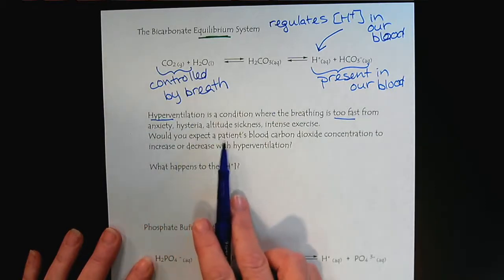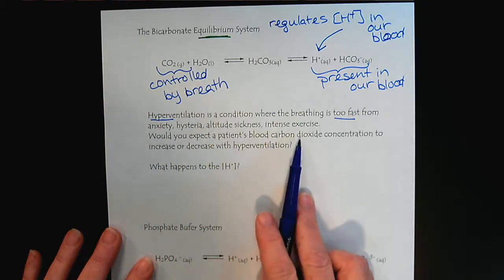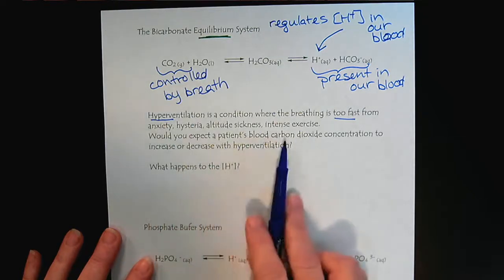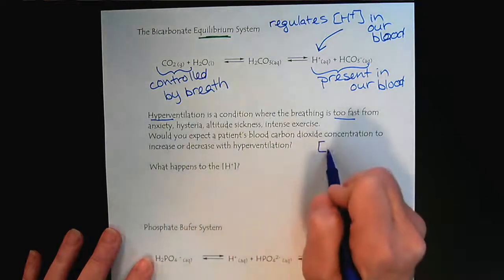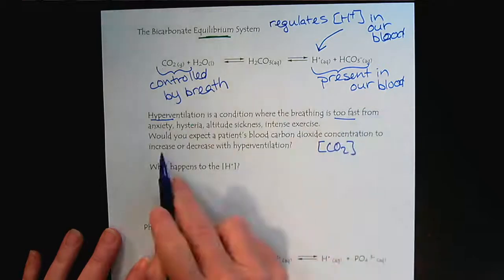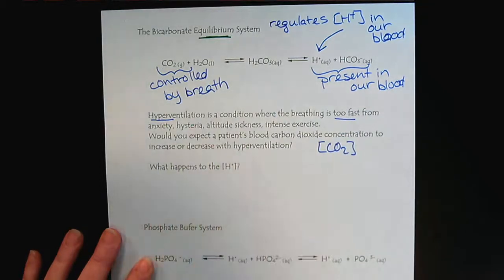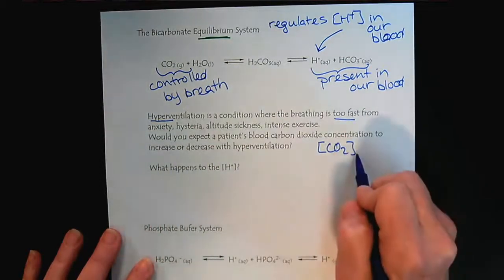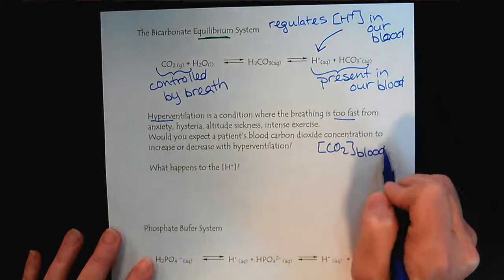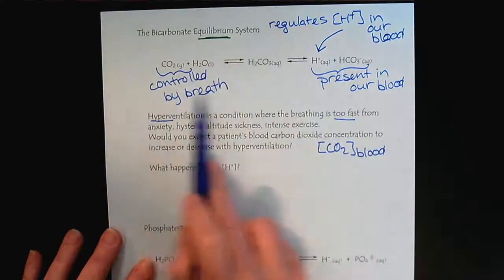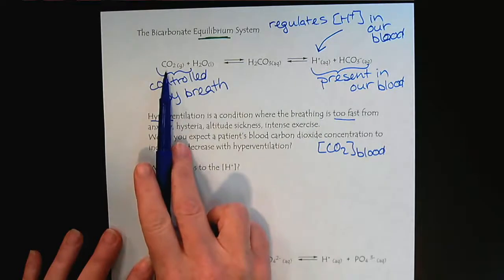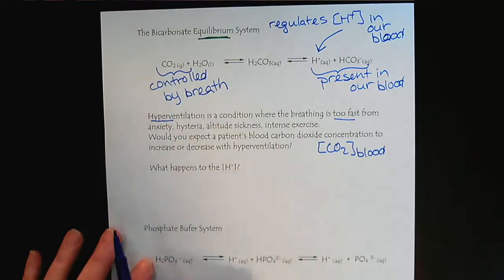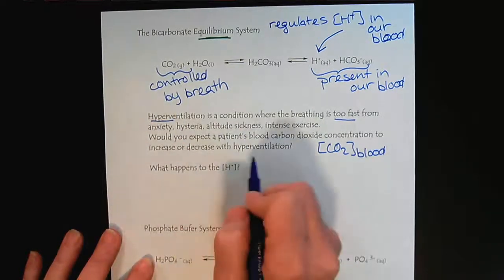Would you expect a patient's blood carbon dioxide concentration to increase or decrease if we are hyperventilating? So this reaction is occurring in our blood, but it's controlled by the breath.